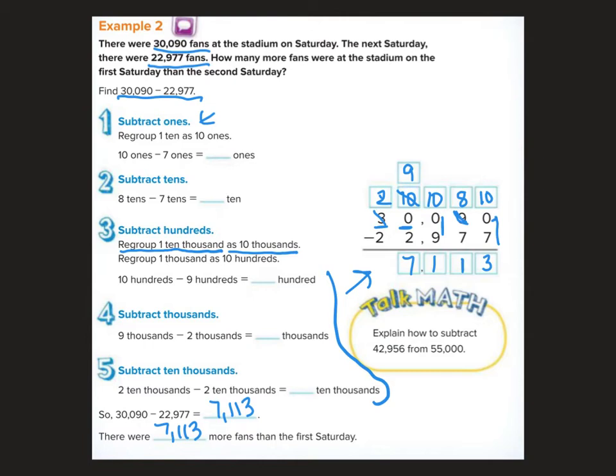And if I were to do a quick estimate, I would round that one to be about 30,000 minus, I would round this one to be 23,000, because we've got 22,900, so that'd be 23,000. If I subtract that, I'd get 7,000. And 7,000 is so close to our real answer that I know we got it right.